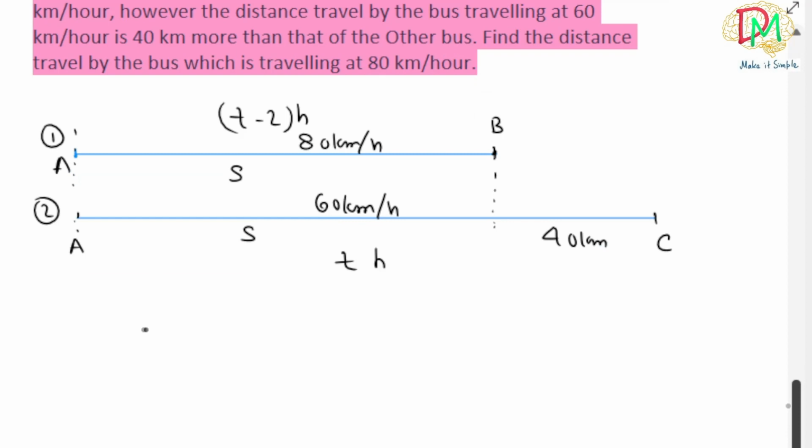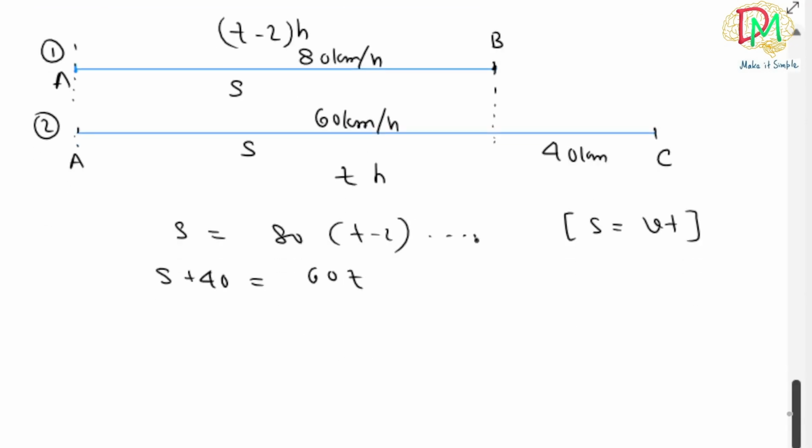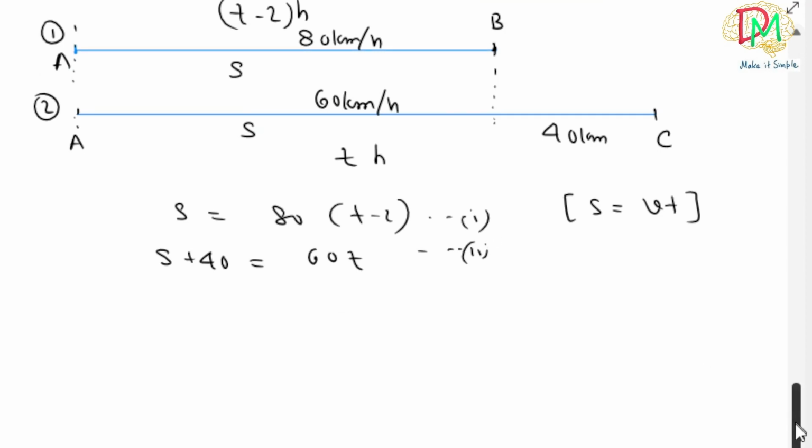So from the first bus we can find S is equal to Vt, that is 80 into T minus 2, because we know that S is equal to Vt, and from the second bus S plus 40 km is equal to 60 into T. These are the two equations we have to solve to get the unknown value.